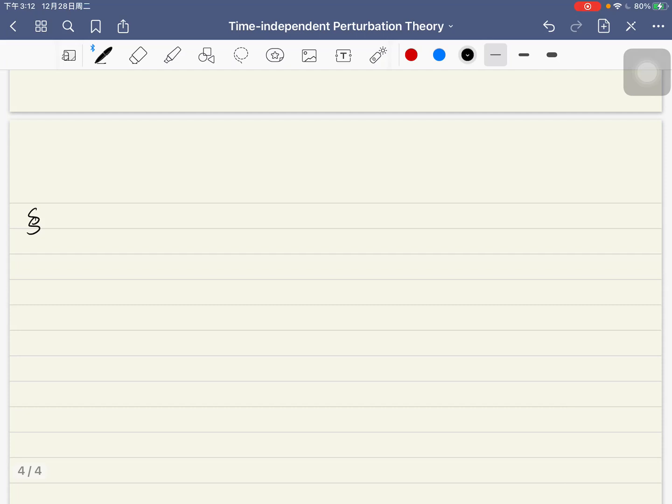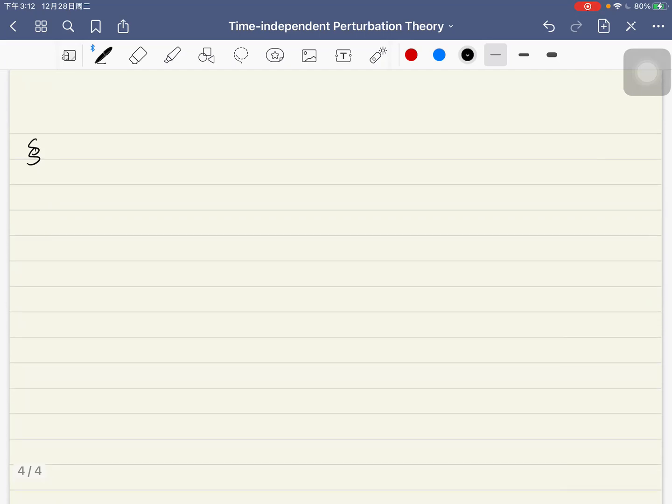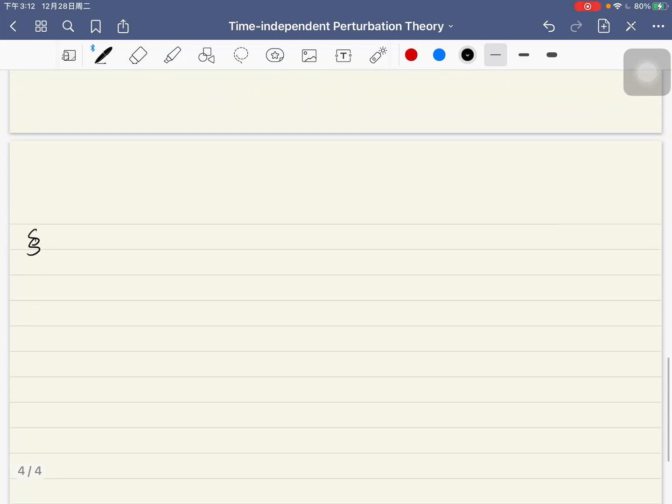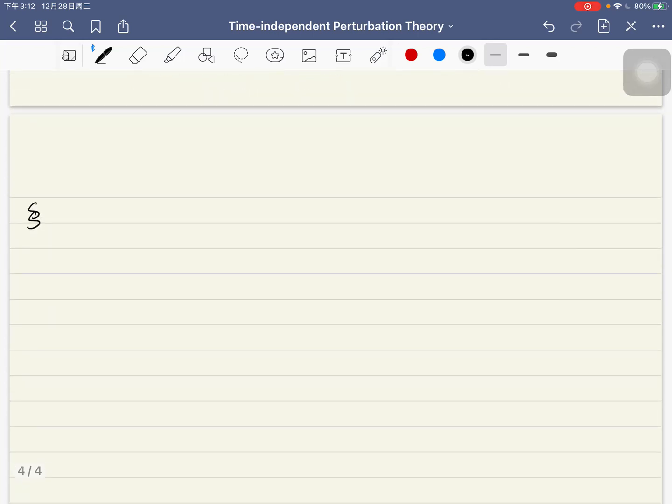In today's part, we only consider the non-degenerate case. This will also be shown in your quantum mechanics textbooks. But in the next part, I will introduce how to use this formula to treat the degenerate cases, which is much more complicated. So let's treat the simpler problem, the non-degenerate case.